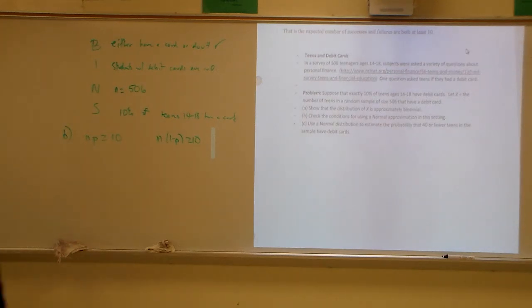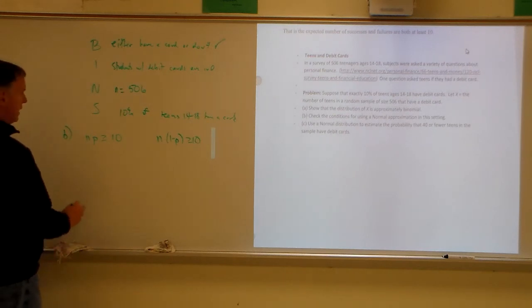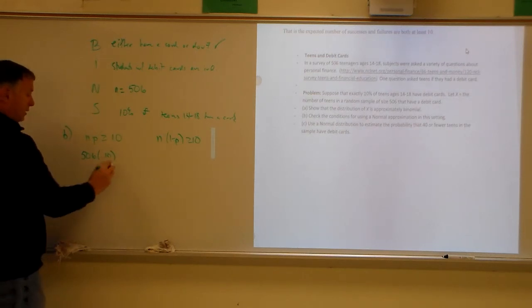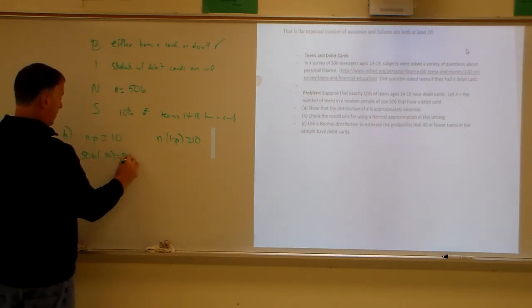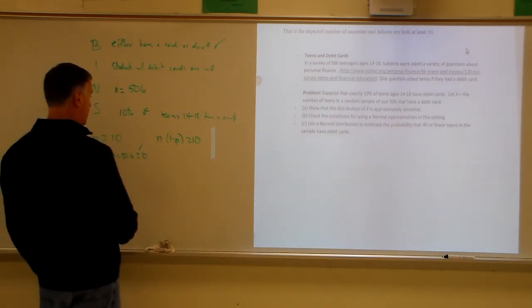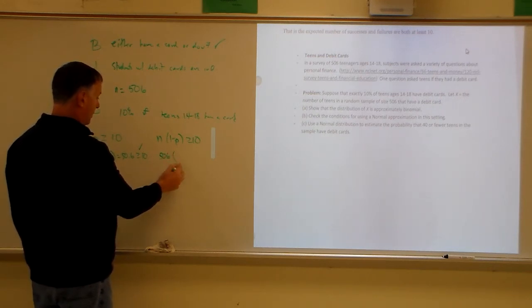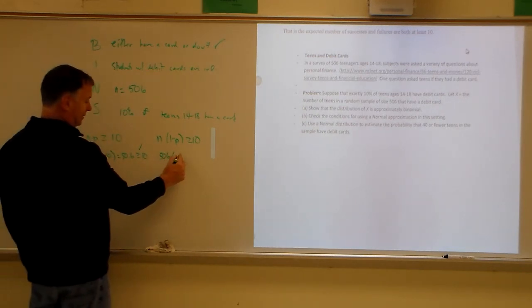All right, let's look. N times P. N is 506. Times P is 0.10. So what's that going to be? That's 50.6, which is greater than or equal to 10. That checks out. N times 1 minus P. Well, we know that's gonna work, right? 1 minus P is 0.9.